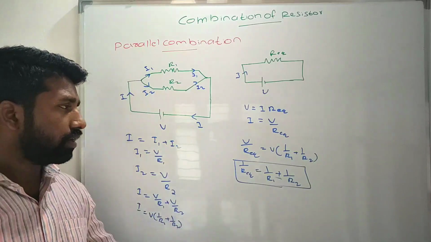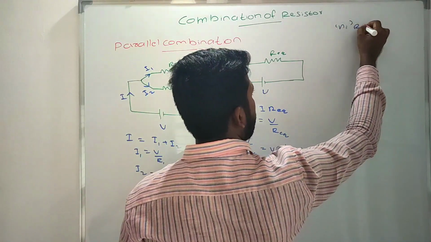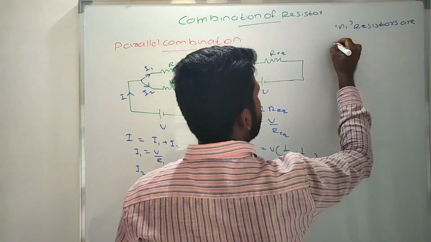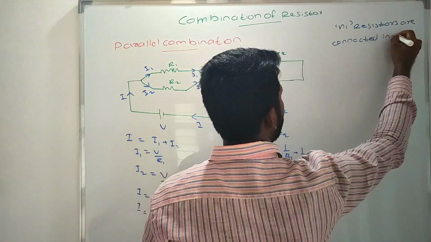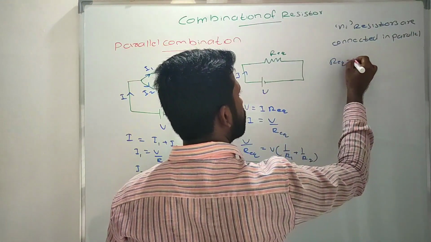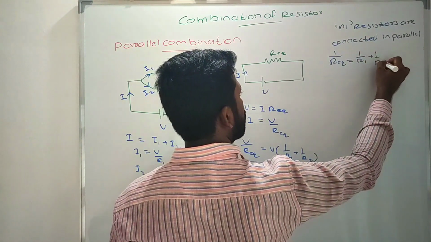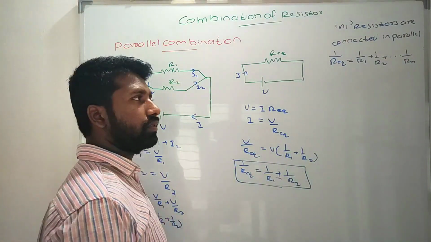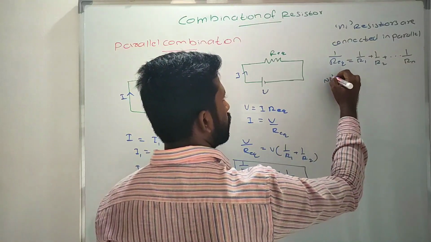If n resistors are connected in parallel, what do you get for R equivalent? 1 by R equivalent is equal to 1 by R1 plus 1 by R2 plus up to 1 by Rn. This is for n resistors connected. We will take it as a note here.